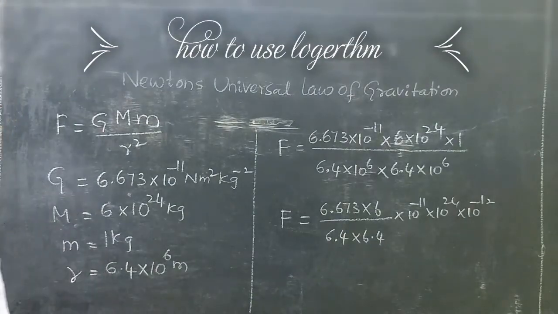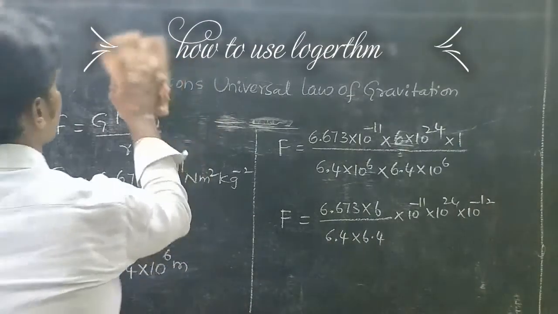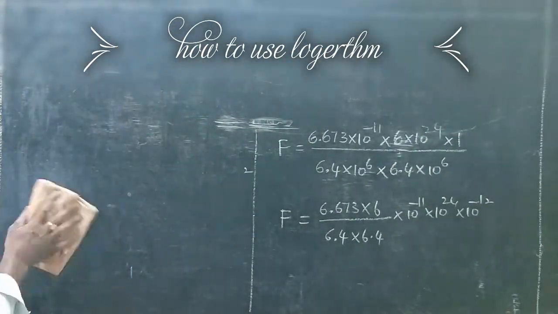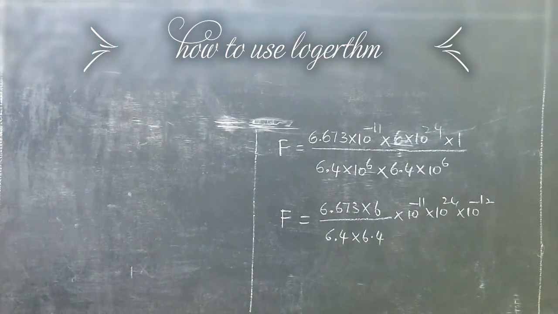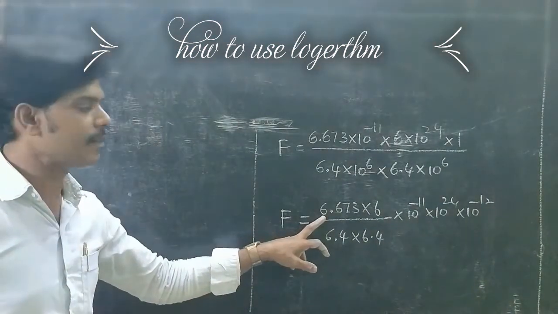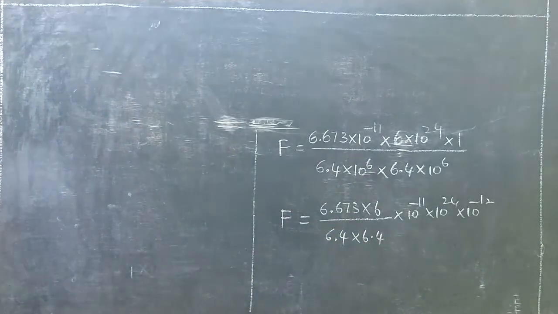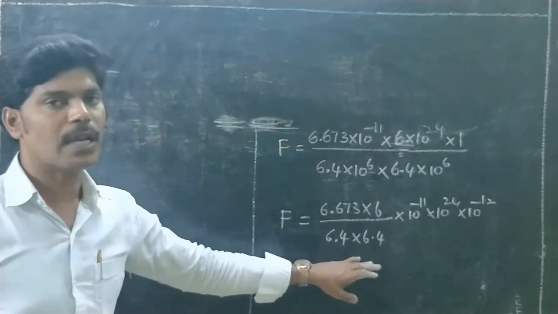So let me start with the logarithm tables. How to use the logarithm tables here? First of all, 6.673 into 6 divided by 6.4 into 6.4. In the numerator we have two values, in the denominator also two values.